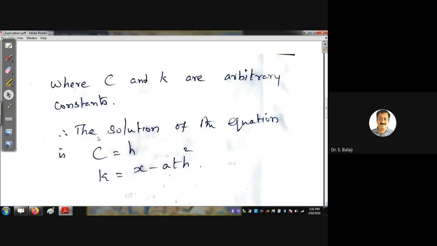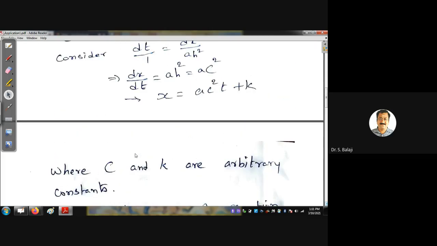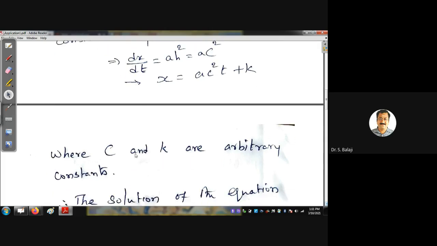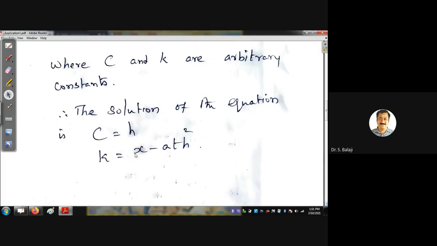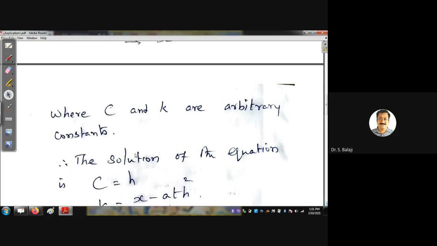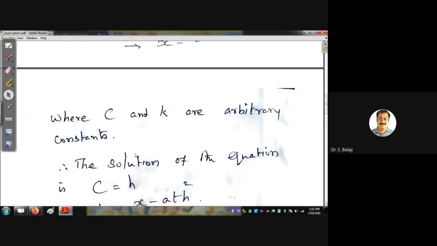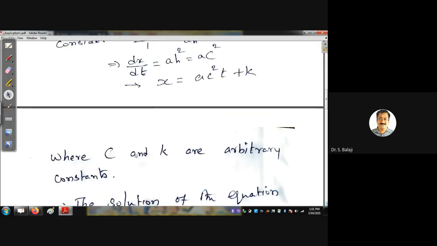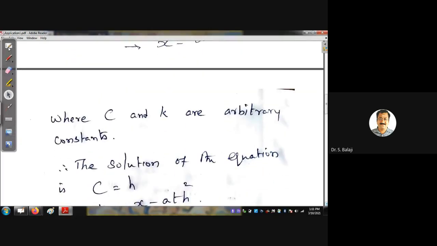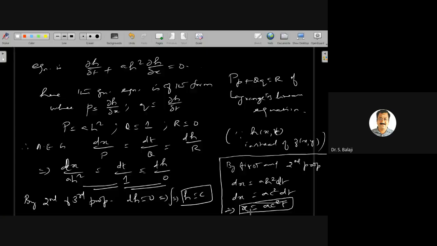Therefore, we are interested to find the solution of the equation. You can write two solutions here: h is equal to c, and x is equal to a c square t plus k, two arbitrary constants, because Lagrange's linear equation means two such solutions.